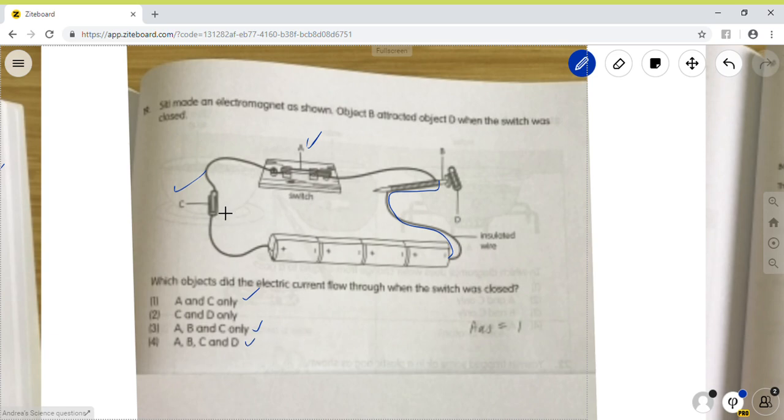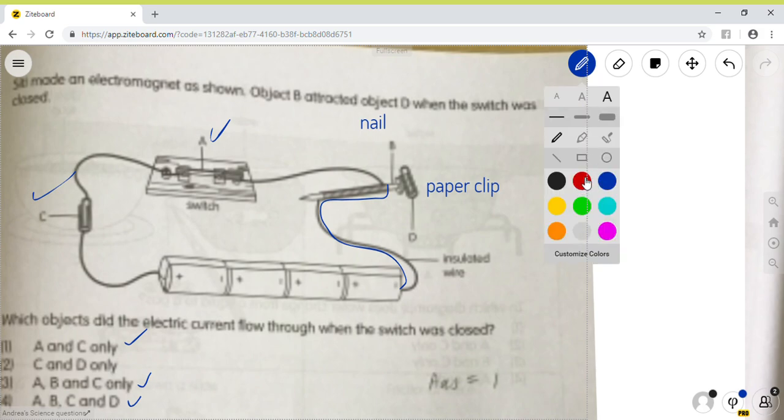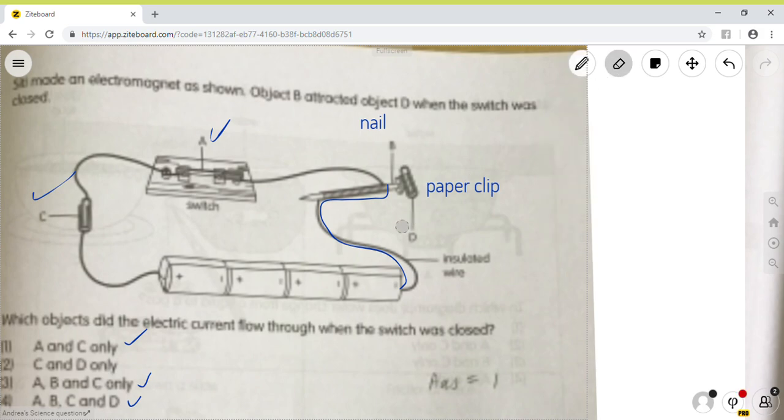D is a paperclip. B is the nail. So if you were to look at how the electric current flows, I use the red color. So electric current come here.